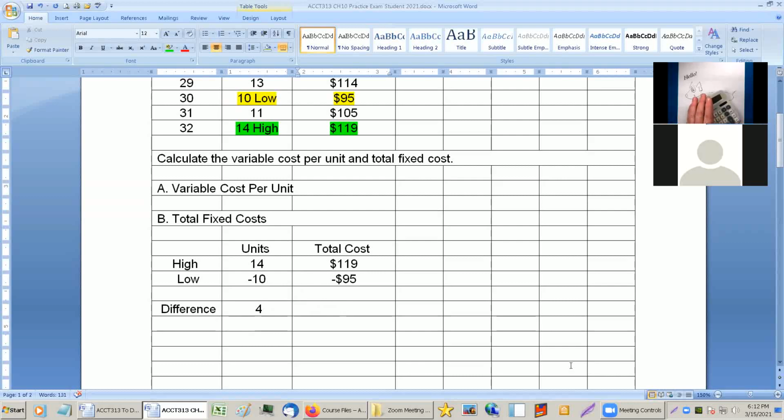Okay, this difference of 24, is that due to variable or fixed costs?